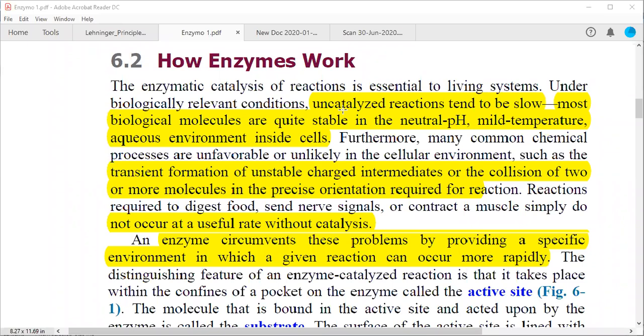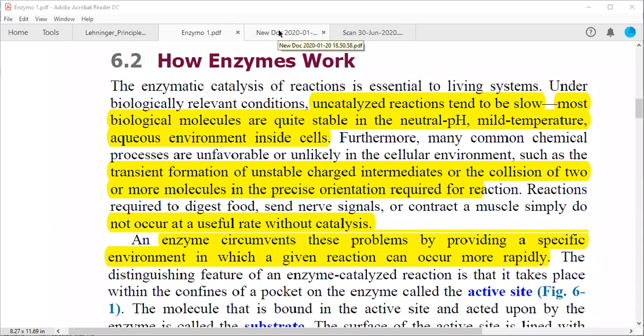But why do we need enzymes? Enzymes are required to increase the rate of reaction so that in less time, more substrate can be converted into the products. And many enzymes are able to enhance the rate of reaction several fold.